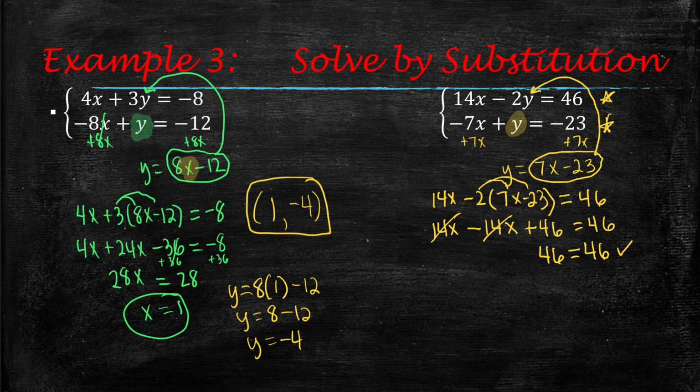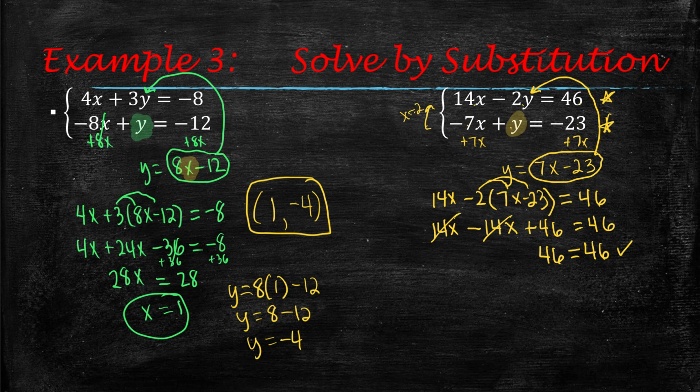And you can see that it is, because if I took this bottom equation and multiplied it by a negative 2, I'm going to get that top equation. So negative 7 times negative 2 is 14. Y times negative 2 is negative 2y. Negative 23 times negative 2 is positive 46.